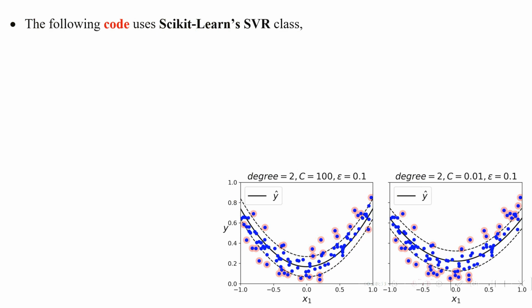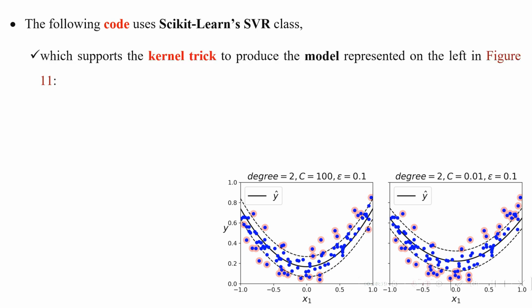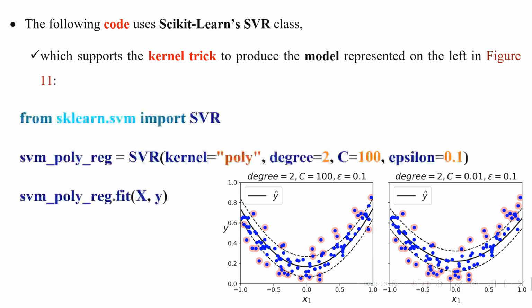Okay, now here we are going to see the scikit-learn code with the help of SVR. SVR regression supports the kernel trick to produce a model. So from sklearn.svm you are importing the support vector regression, SVR. So our model is a support vector regression. It is a non-linear fashion.